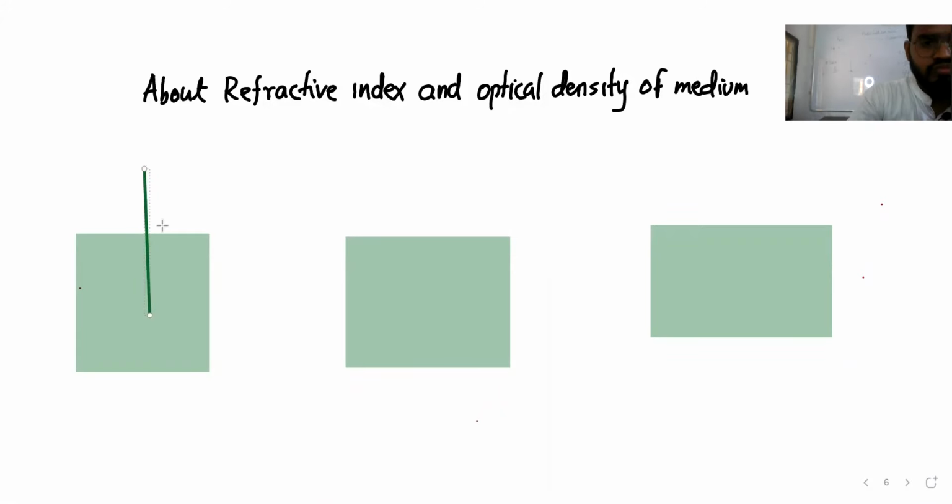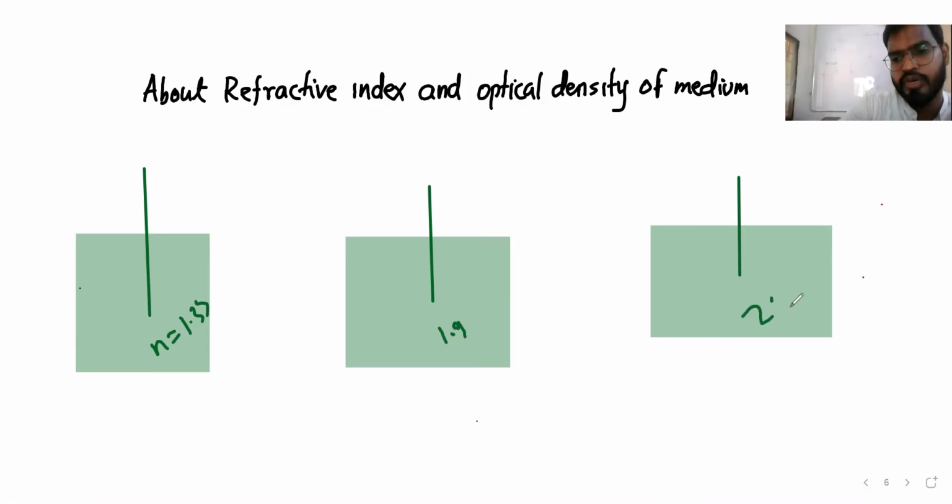Let's see, first I'll draw the normal. Now let's take the refractive index of this as 1.33, this is 1, let's take this as 9, and this is 2.5.